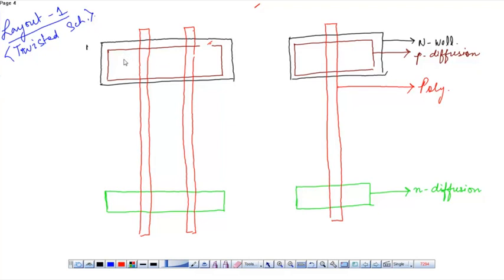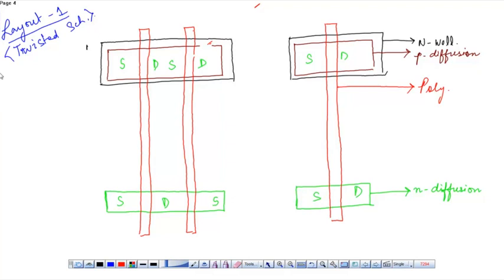This is the source, this is the drain terminal, this is the source, this is the drain terminal. This is the source terminal, this is the common drain terminal, and this is the source terminal. Similarly, this is the source, drain, and source.